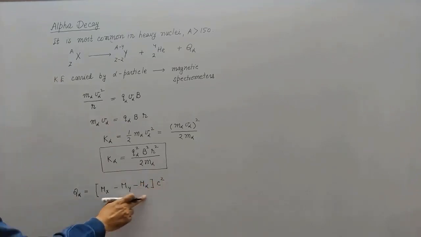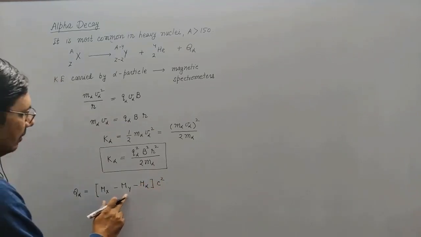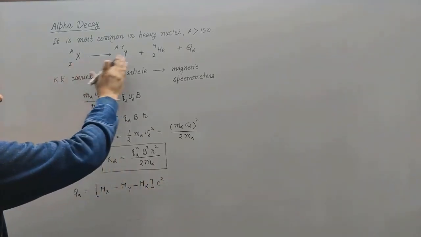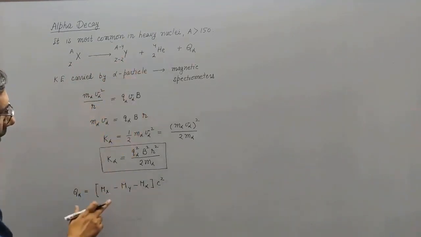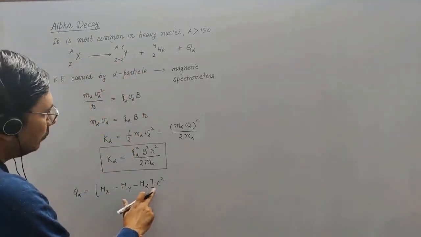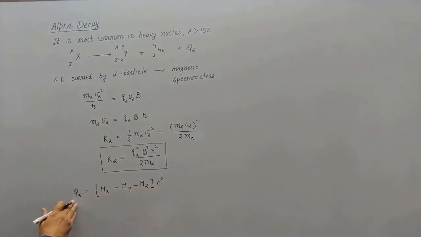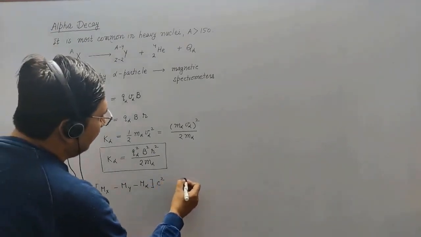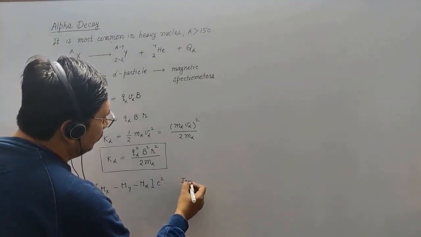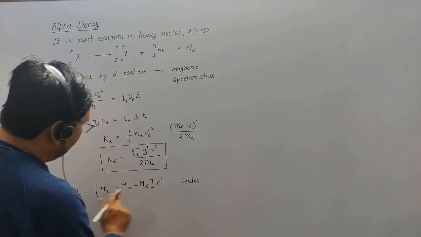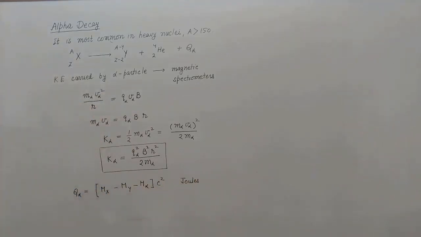Here these are the masses of these nuclei X, Y and alpha particle, and these masses will be in kg. So if we multiply this by C square, then we will get Q alpha in terms of joules. So here we will find our answer in joules. But you have to remember that these masses are in kilogram.